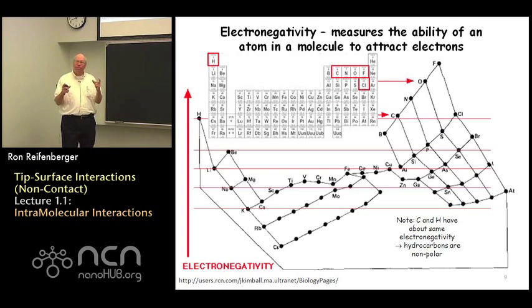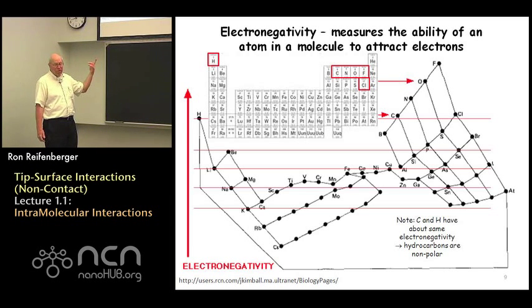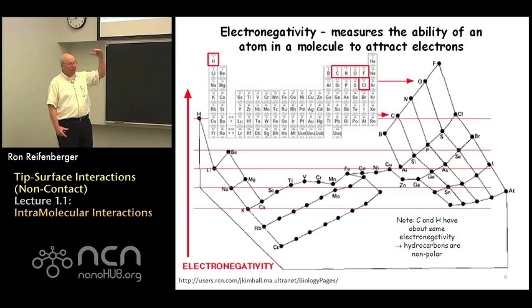How do you decide which way electrons go in a particular molecule? Well, that's decided on the basis of the electronegativity of the individual atoms that comprise the molecule. The chemists have characterized this quantity called electronegativity, and I like to refer to this chart, which I use very often in my own research, because it takes the periodic table of elements and distorts it in such a way that it puts the elements that have the highest electronegativity highest in the chart.